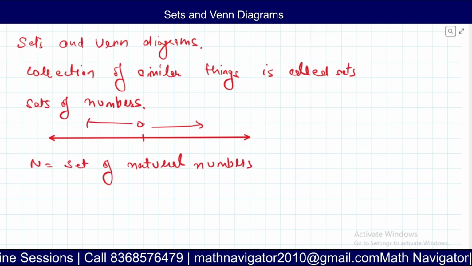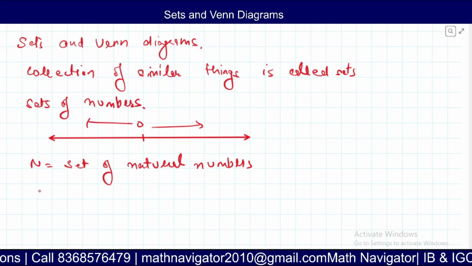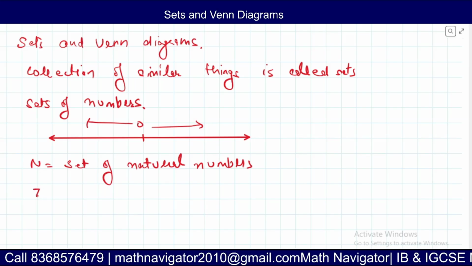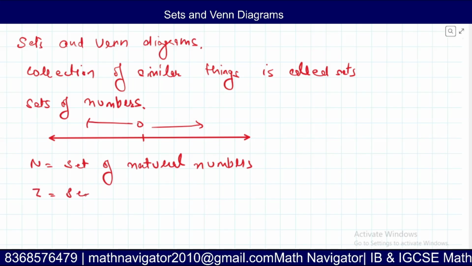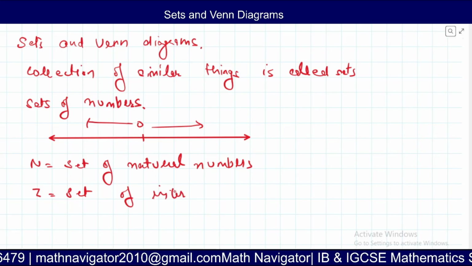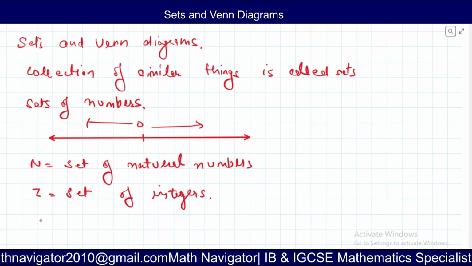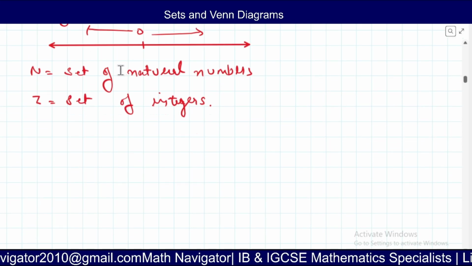Natural numbers means all numbers including 0 and ahead of it, right? And then there is Z, which is equal to the set of integers. They can be positive or they can be negative.